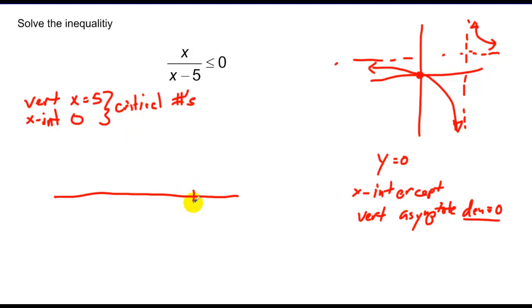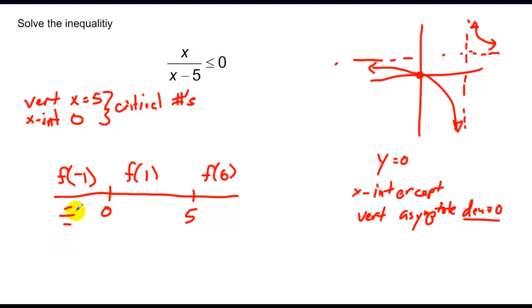And we're going to test what happens to either side of these numbers. We've done this before with quadratics, like I said. So I'm going to take a look at some values: what happens when x equals -1, what happens when x is 1, and what happens when x is 6. If you look after plugging into the equation, I have a negative on top and a negative on bottom.